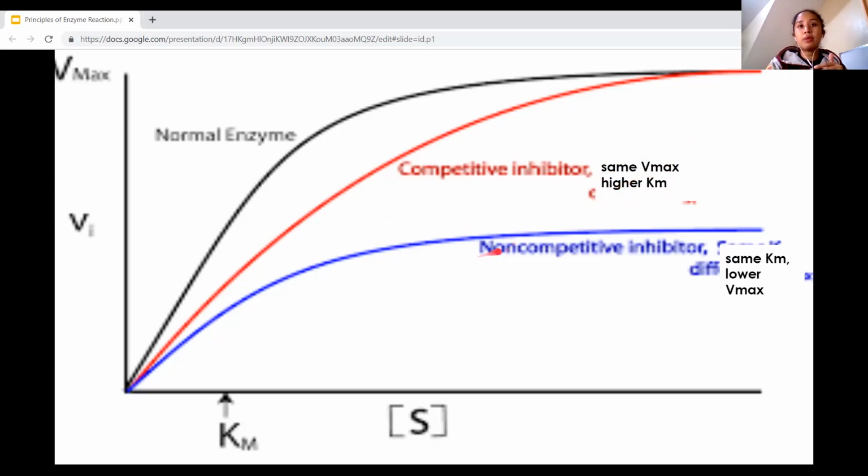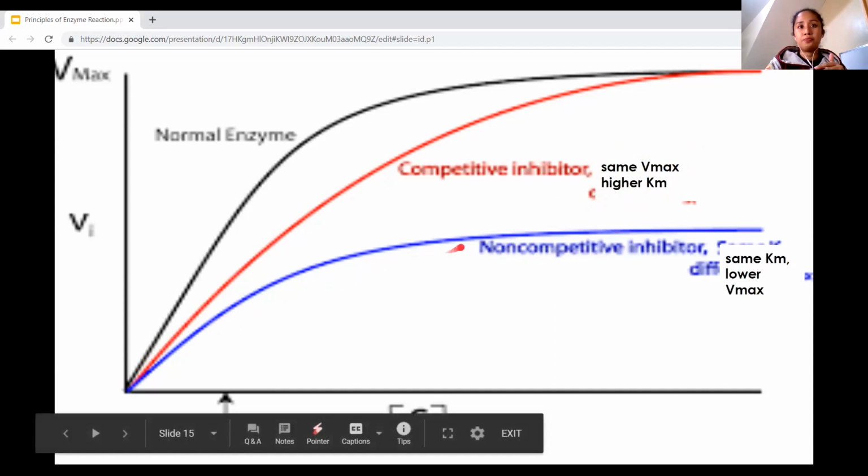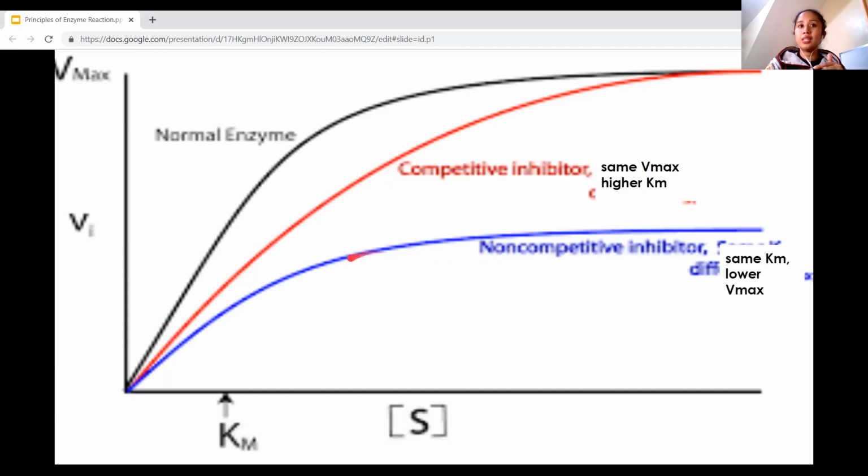Here, class, is the problem with a non-competitive inhibitor. Notice this kind of curve. It went down. The Vmax is almost halved, and the Km is the same, so the curves are much lower. That means there is something wrong with the speed of the chemical reaction when there is a non-competitive inhibitor.